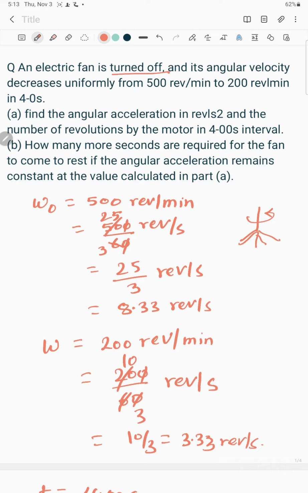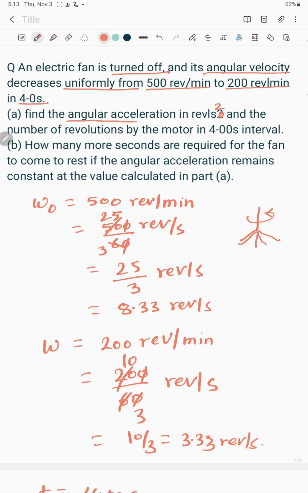It will come to rest, and its angular velocity decreases uniformly from 500 revolutions per minute to 200 revolutions per minute in 4 seconds. That's what happened in the 4 second time interval.